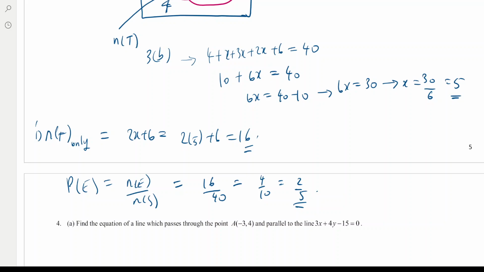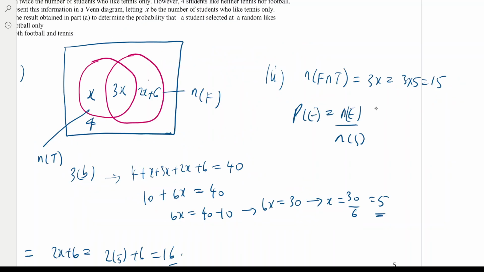The other one, both football and tennis. So part 2, both football and tennis. Number of football intersection tennis is 3x, which is 3 times 5, it is 15 already. So probability of event will be number of event divided by number of sample space. For our case, it is number of F intersection T divided by number of universal set.